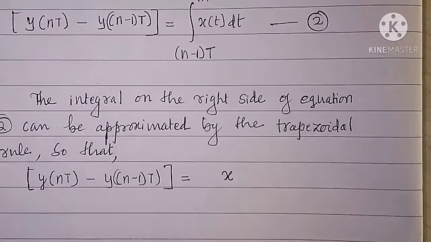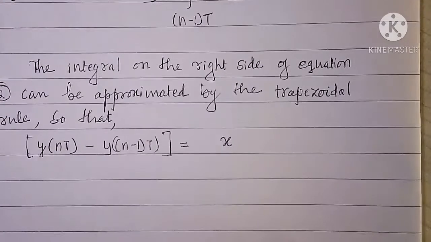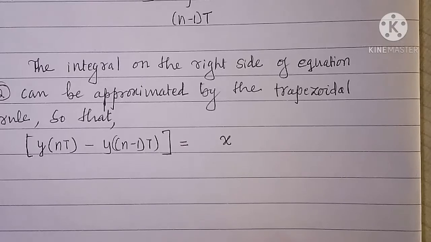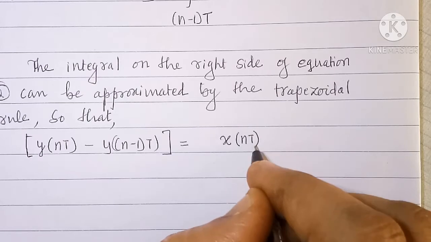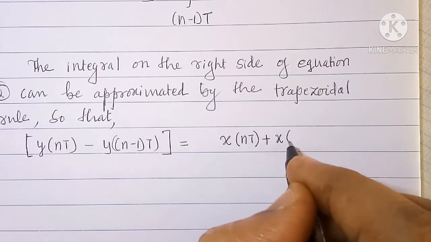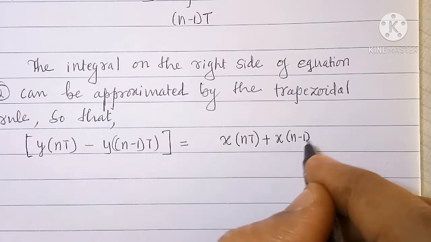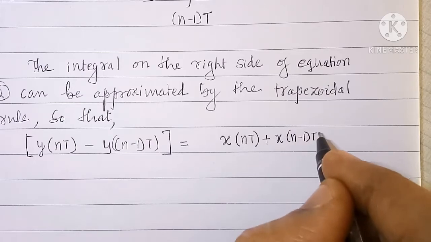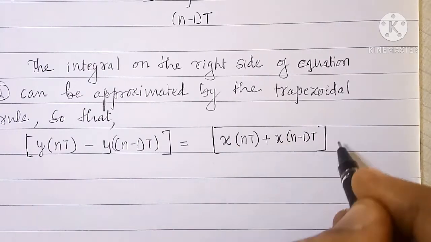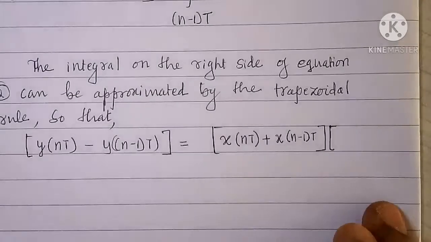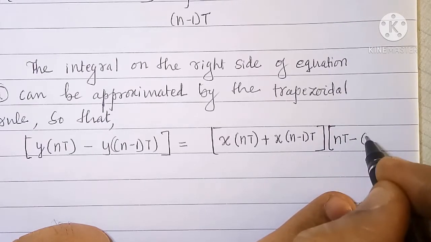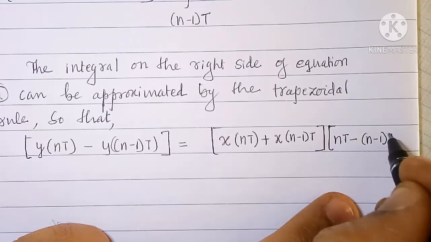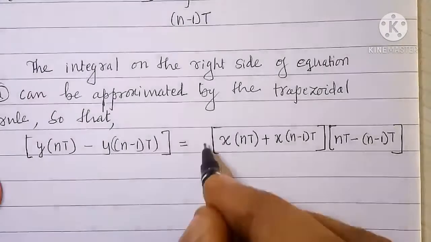So now we will write the integration of x of t with limits (n minus 1)T to nT as x of nT plus x of (n minus 1)T, into nT minus (n minus 1)T, whole divided by 2.